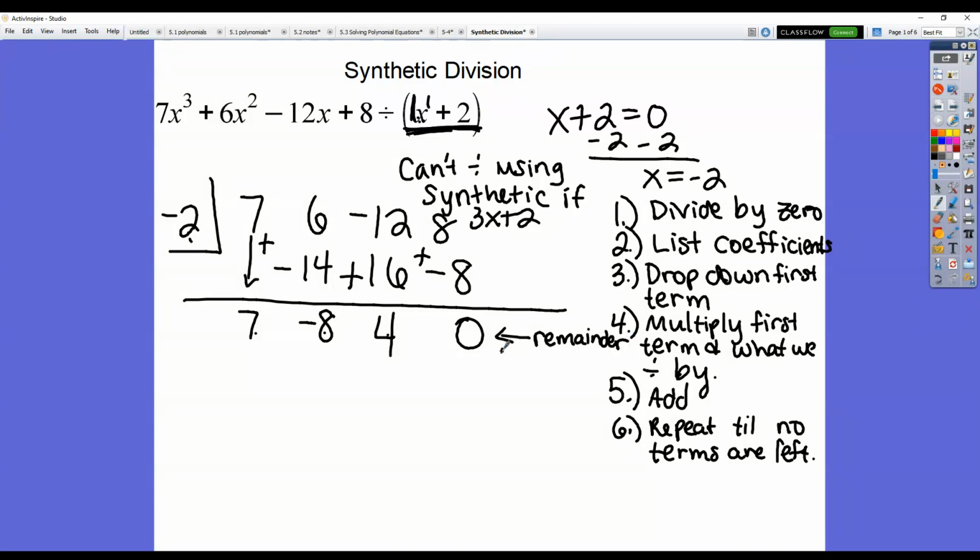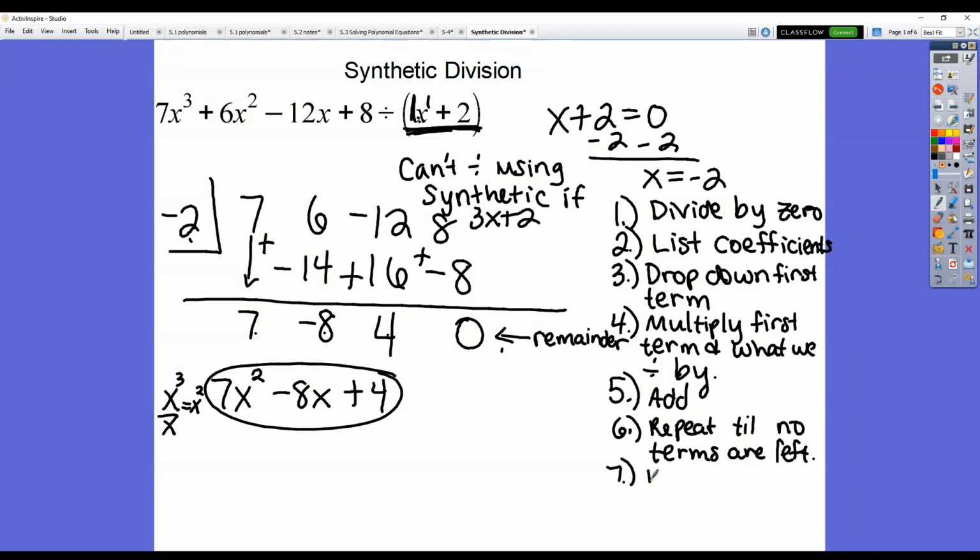Okay, so then decrease your exponent. We had an x cubed divided by x. Well, that's going to give you an x squared. So this would be x squared minus 8x plus 4. So rewrite with variables.